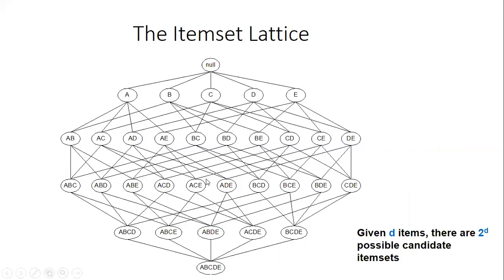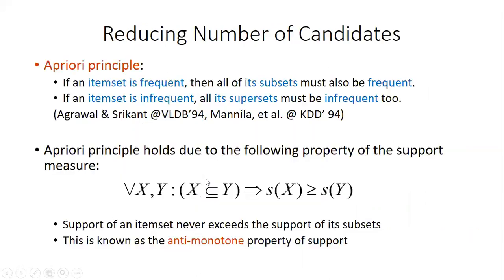So the Apriori algorithm is mainly focused on reducing the number of candidates. Instead of taking 2 to the power of d candidates, or 2 to the power of 5, which means 32 candidates, many of which are infrequent, we can just reduce it.